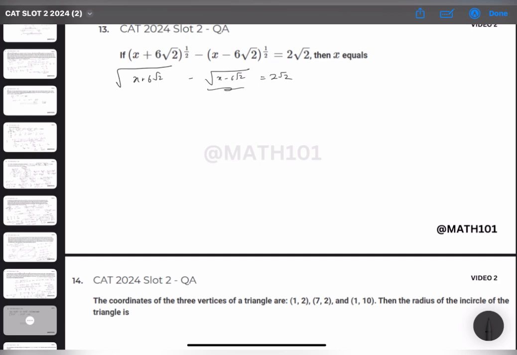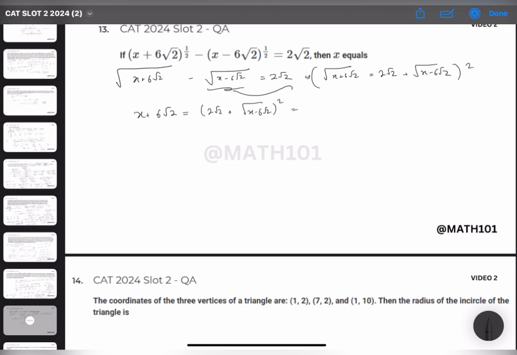So taking this term here, we will get root of (x plus 6 root 2) equals 2 root 2 plus root of (x minus 6 root 2). Now squaring both sides, we are left with x plus 6 root 2 equals (2 root 2 plus root of (x minus 6 root 2)) squared.